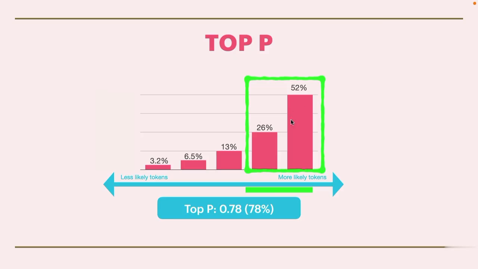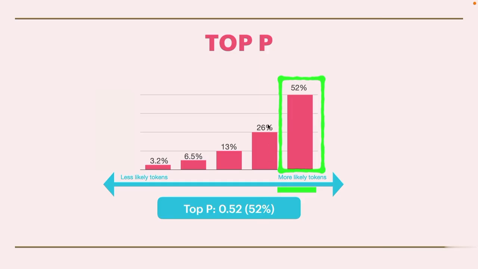As you can see, only the first 2 tokens are considered for sampling this time, and that's because their cumulative probability is greater than 78%. If we move to the next scenario where top P is set to 0.52 or 52%, only the first token is considered this time for sampling, and that's because its probability is greater than or equal to 52%.